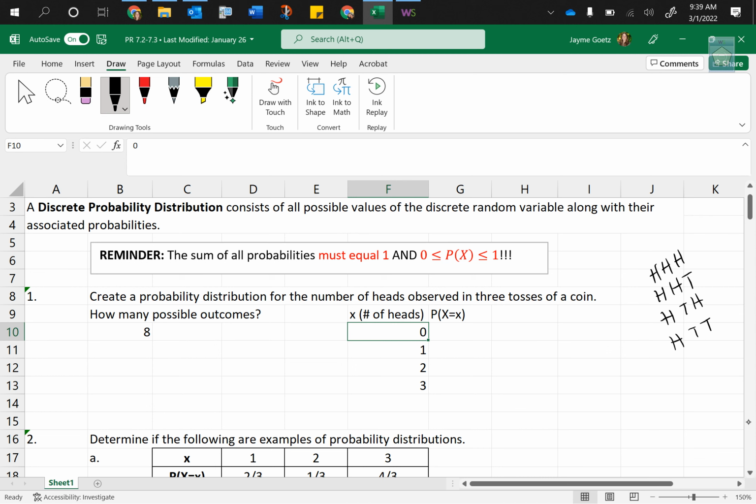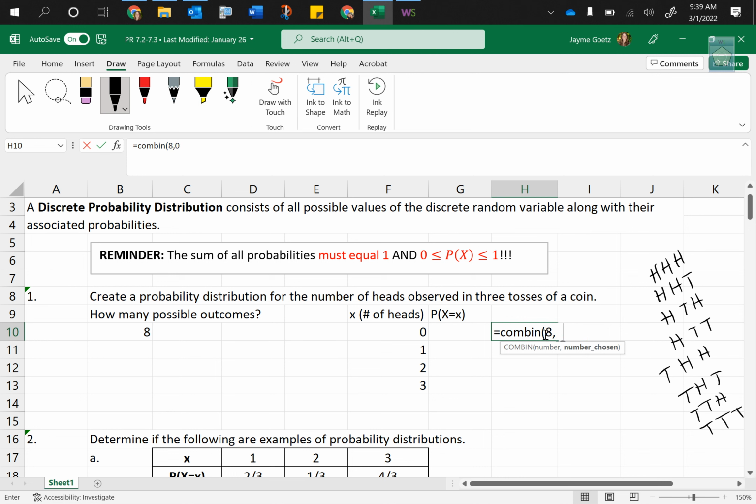But what if we had a crap ton? What if it wasn't just 3 flips? What if we had 10 flips or 50 flips? How do I do that without having to sit there and list out the sample space? A combination? So a combination here, how many possible ways could I get 0? That would be combination of 3 choose 0, and what do we get? 1.